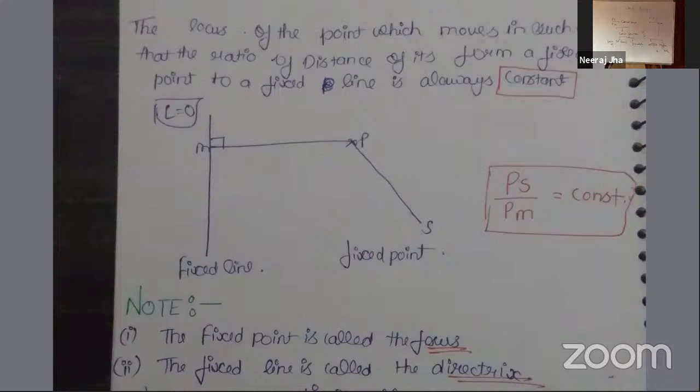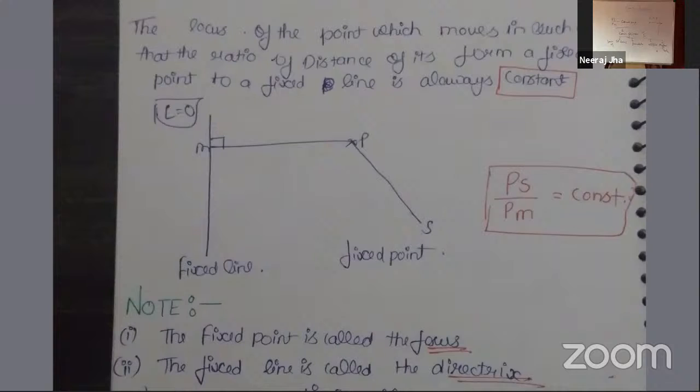Please write it. Yes, if you have any problem, you can discuss with me. Ganesh, Krishna, is everything clear? Yes? Yes, sir. Okay. Please note it. This is the definition of a conic section.